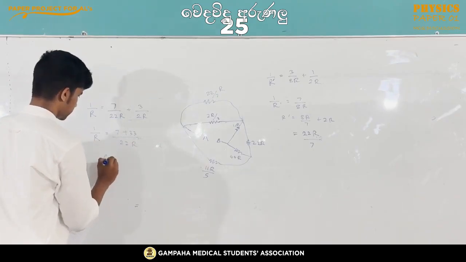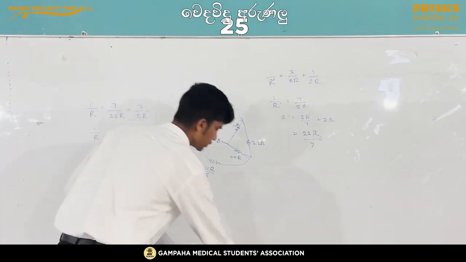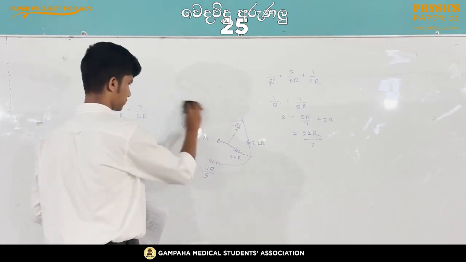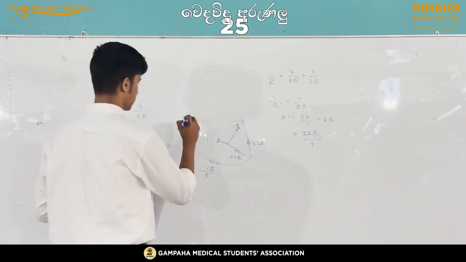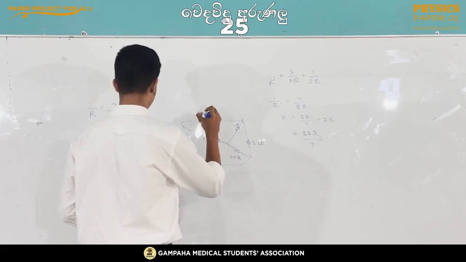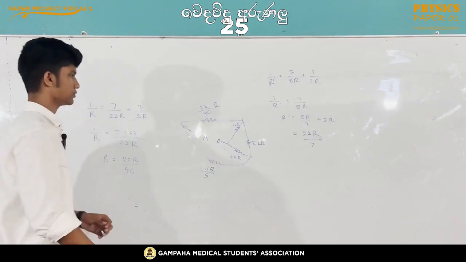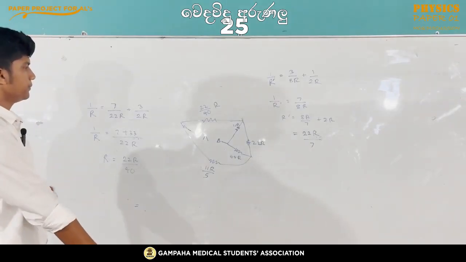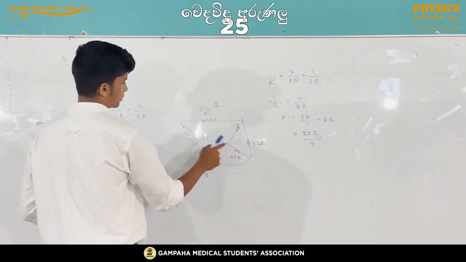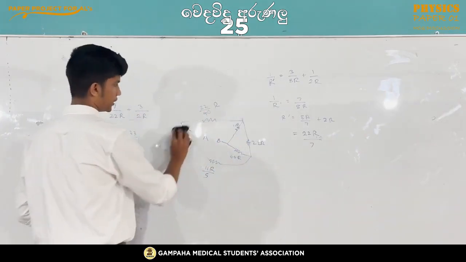So the resultant of those two resistors will be equal to 22R over 40. Here we can see that these two resistors, we can draw this entire circuit like this.